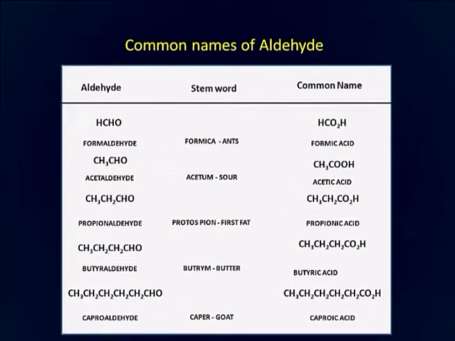Similarly, acetic acid, the word acetic has been derived from the word acetum, which means sour, and accordingly the aldehyde is called acetaldehyde. In a similar manner, a 3-carbon aldehyde is called propionaldehyde, a 4-carbon aldehyde is called butyraldehyde, and a 5-carbon aldehyde is called valeraldehyde.